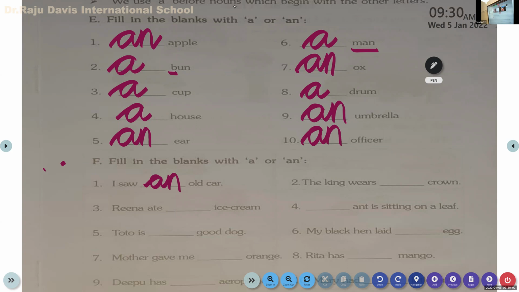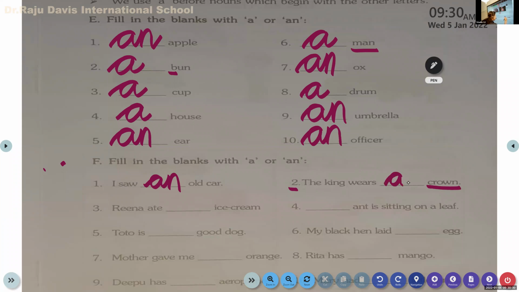Read the question and then you can do it. The king wears dash crown. Yes. The answer is the king wears a crown. Yes, you have to look for the word here, and before the word we have to use a.